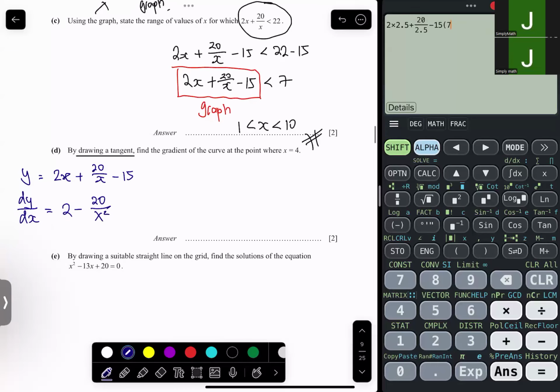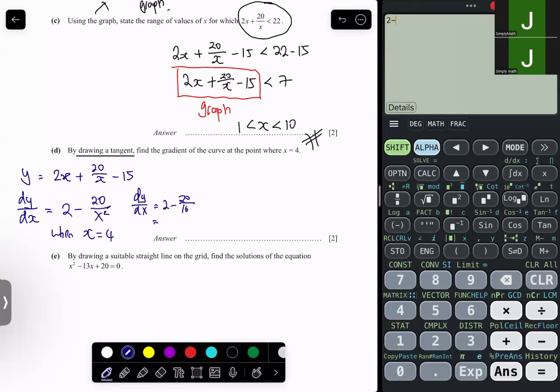So when x equals 4, dy/dx equals 2 minus 20 over 16. You'll get 0.75. This is the actual gradient that we will get.